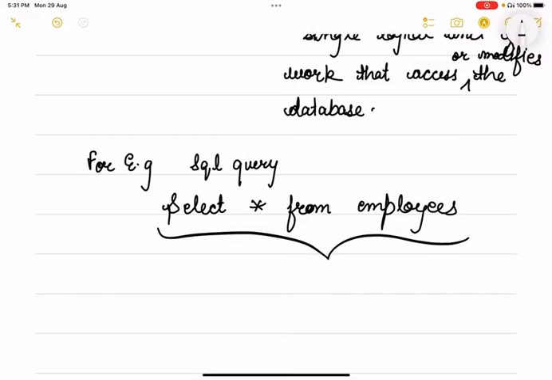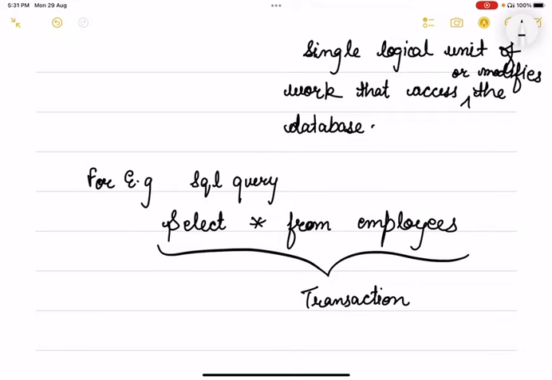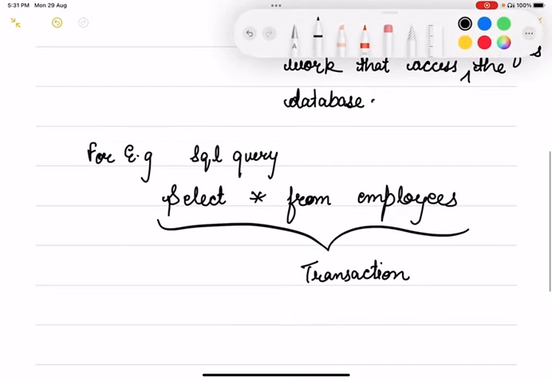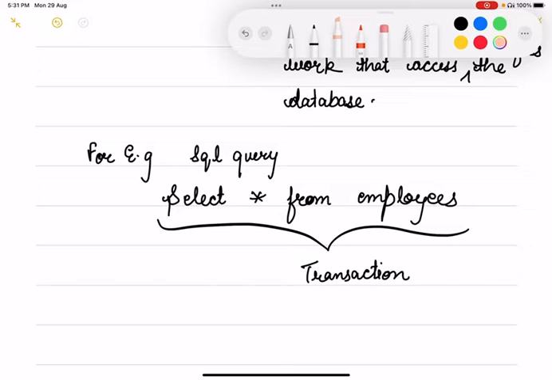So this is a transaction and it is a single logical unit of work. And what this transaction is doing, this is accessing the database, because I'm saying to select all the data from the employees. So this transaction is accessing the database. I hope you are clear with the term transaction.